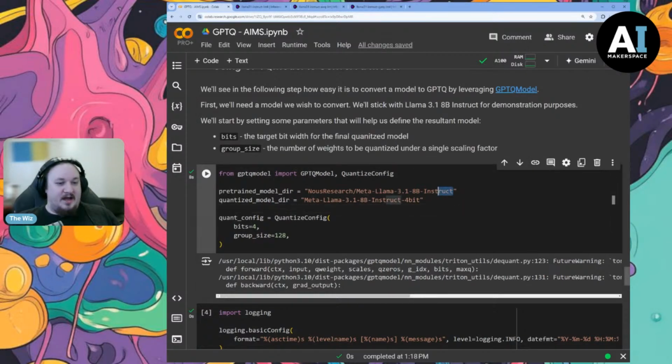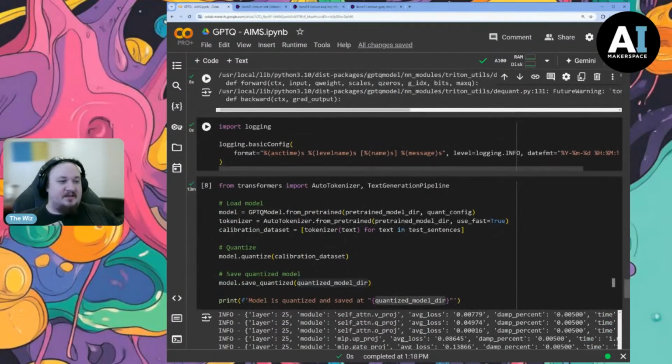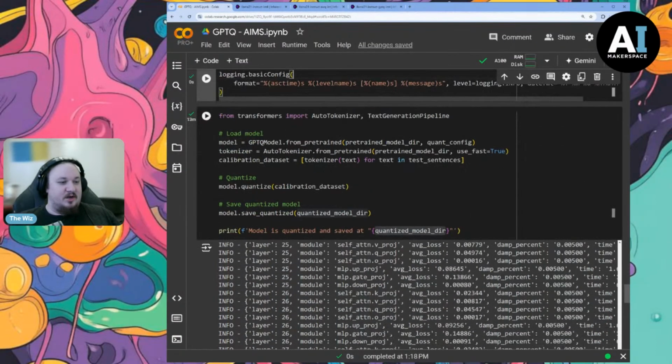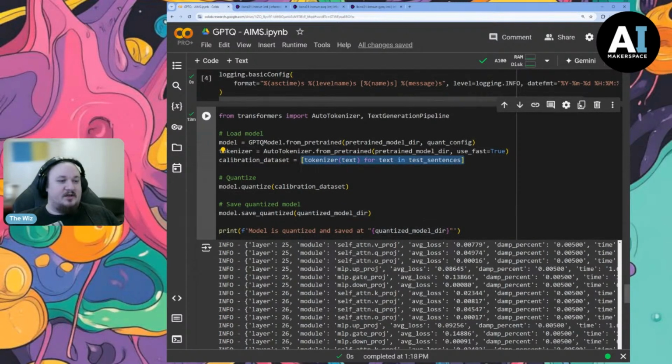We are going to go ahead and quantize NousResearch's Meta-Llama-3.1-8B-Instruct using this package. We'll add some logging because logging is cool. And then we're going to use the same data that we used to spam all those tokens to help calibrate.